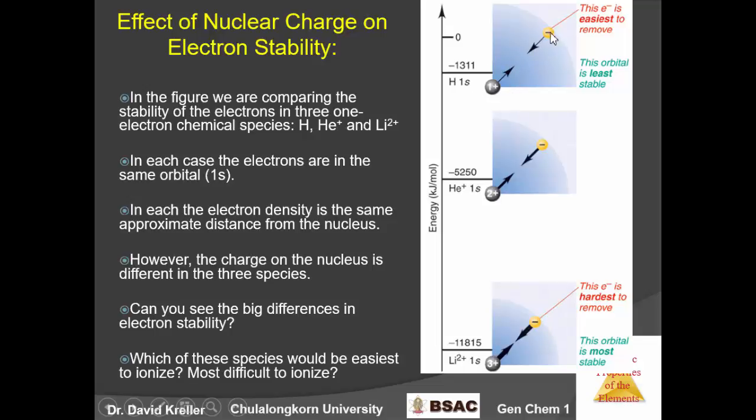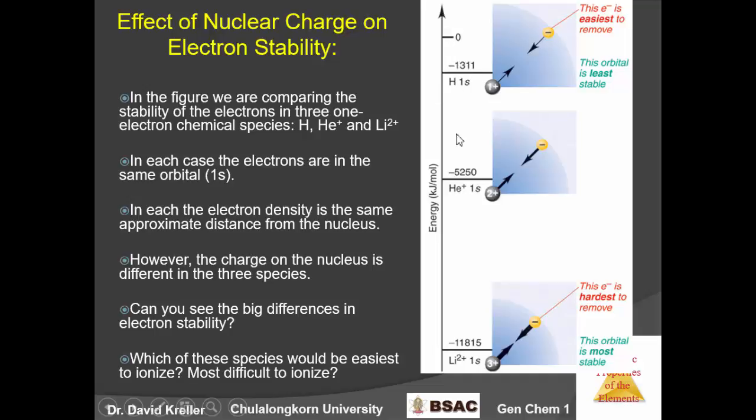If we start up here, it's just a one positive charge, one proton nucleus. Compare that to one electron orbiting around and being attracted to the two positive charge on the nucleus, and now also the three positive charge on the nucleus. On the energy axis, you can see the stability of those electrons.